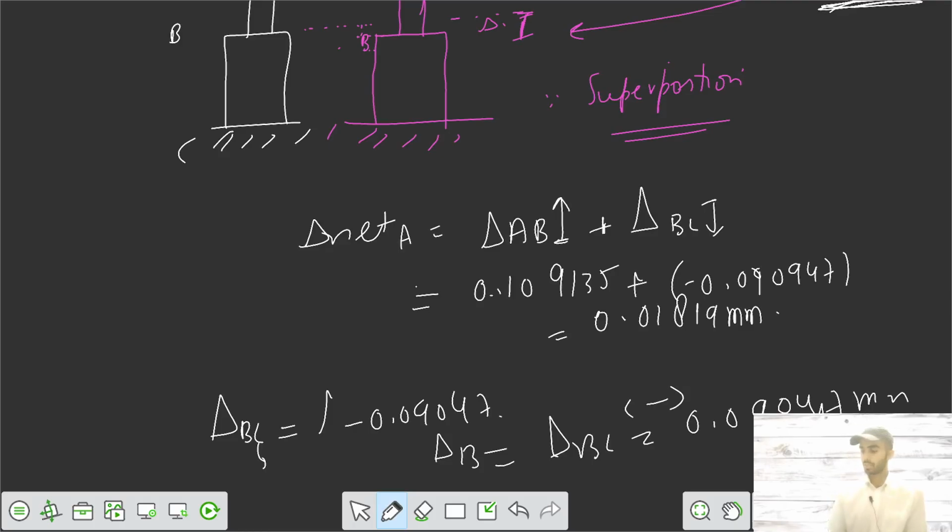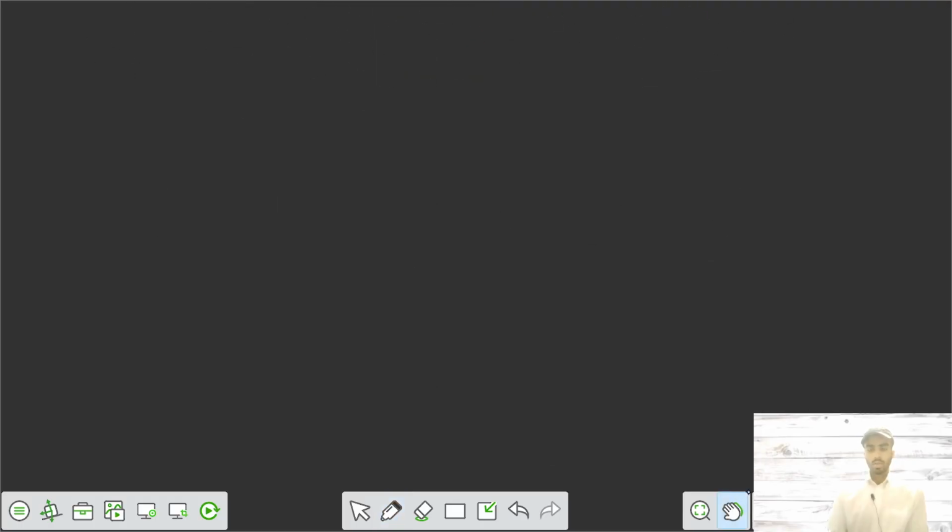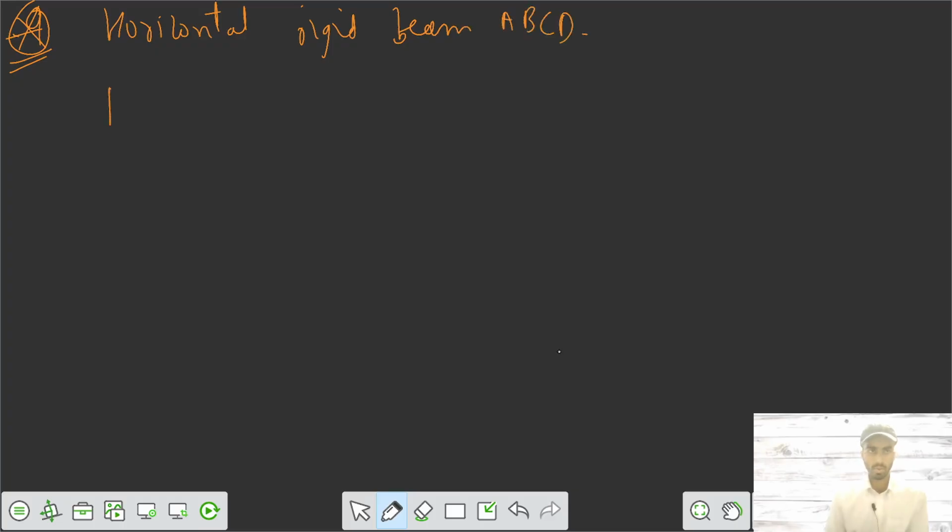This was your question. Next one. Next one is your next example. You have a horizontal rigid beam ABCD. Points A, B, C, D are supported by vertical bars BE and CF.